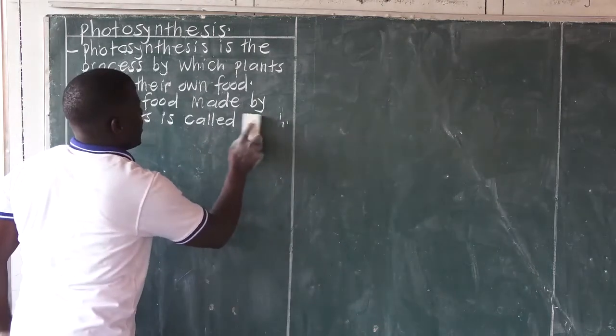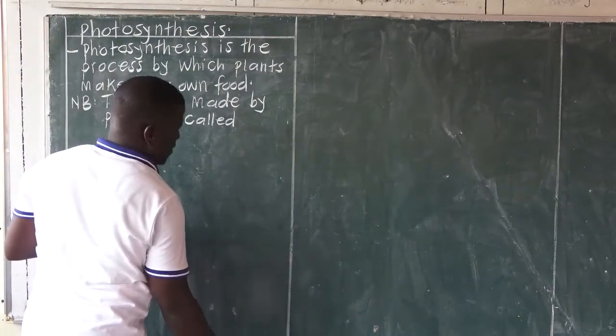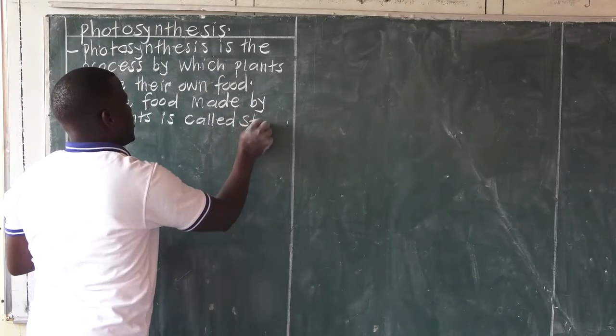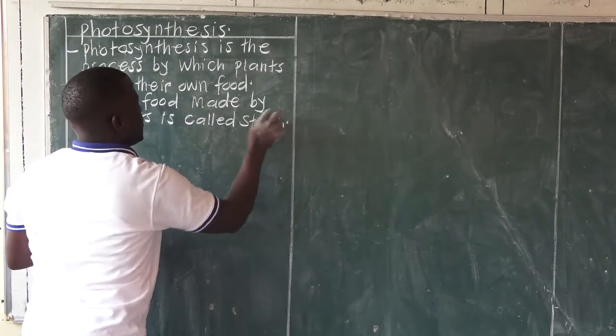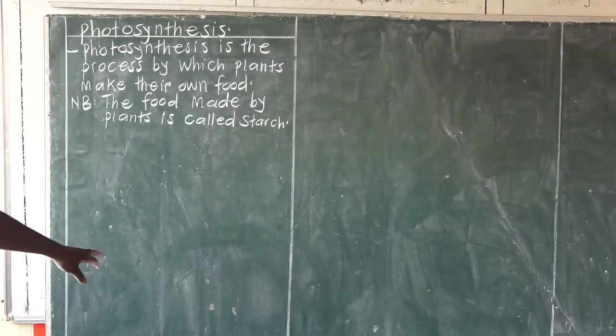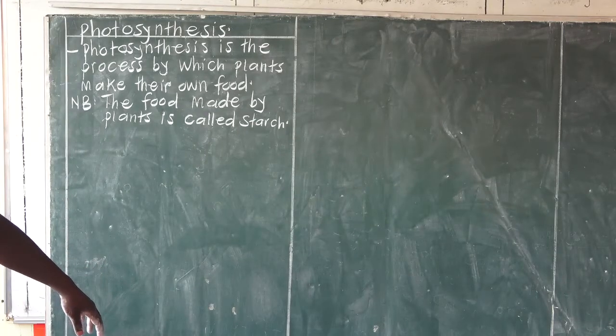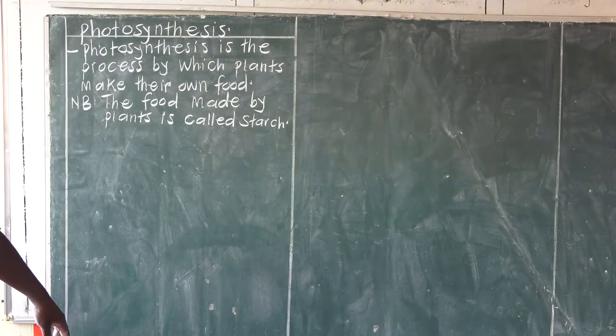Food made by plants is called starch. So starch is the name given to the food made by plants.